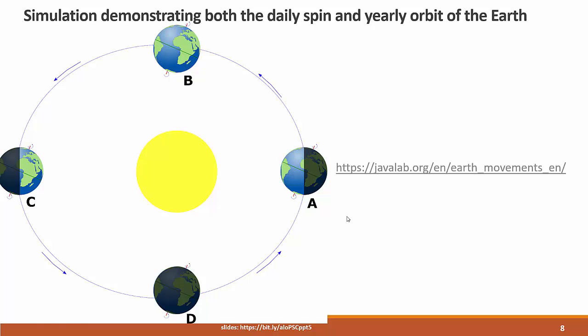Now, when we look at this image, it is obvious this is daytime. We are seeing the side facing the sun. Here we are seeing the dark side, the face of the Earth that's experiencing nighttime.